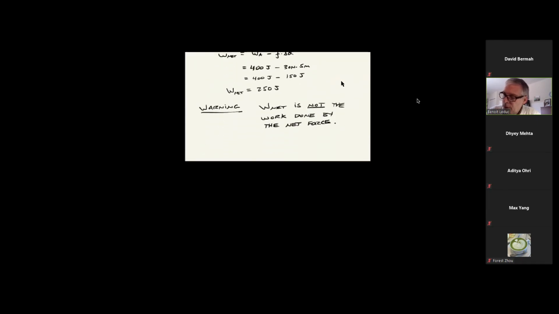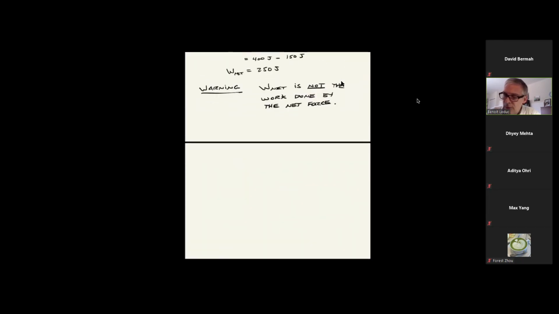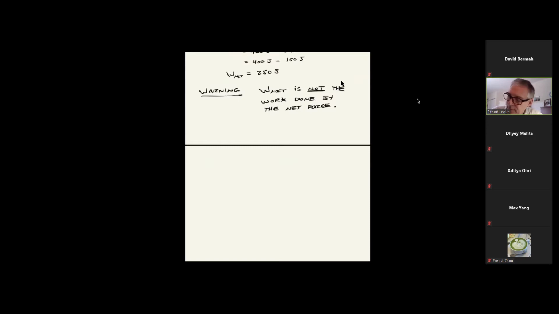So let's look at another topic here. Remember, energy is the ability to do work. Let me introduce you to the first concept of energy, and it's called kinetic energy. Now, in your book, kinetic energy is given by EK.